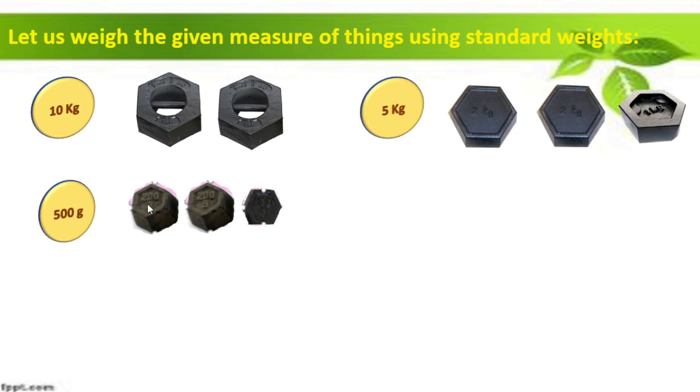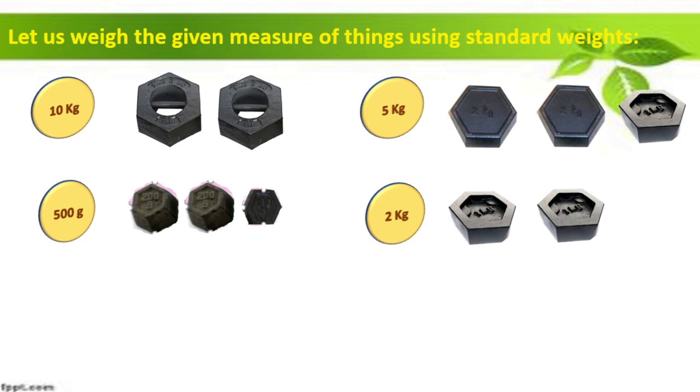You know that 200 plus 200 is 400, plus 100 equals 500, isn't it? So these three equal 500 grams, right? Next one, 2 kg. Here we have 1 kg stones. So it is very easy. 2 times we weigh 1 kg, that equals 2 kg. Correct?